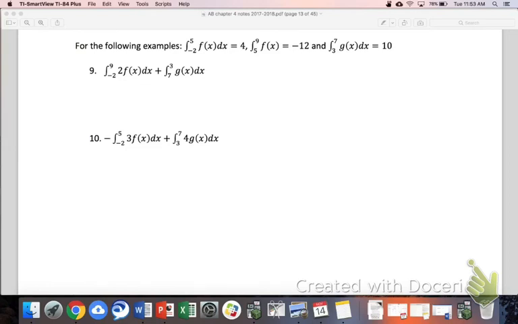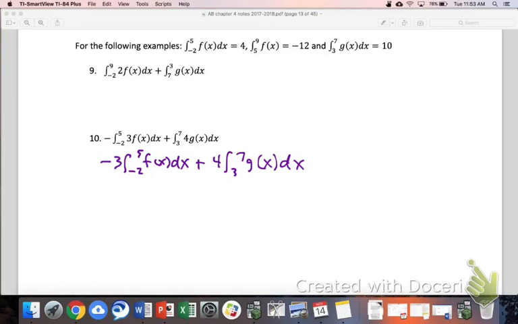So guys, for number 10, did you see a couple things here? For instance, did you see how the 3 and the 4 can and maybe should come out? So maybe you'd write this as -3 integral from -2 to 5. Hey guys that are talking, just quiet down please. We're almost done. Plus 4 integral from 3 to 7 of g of x dx. Use that property there.